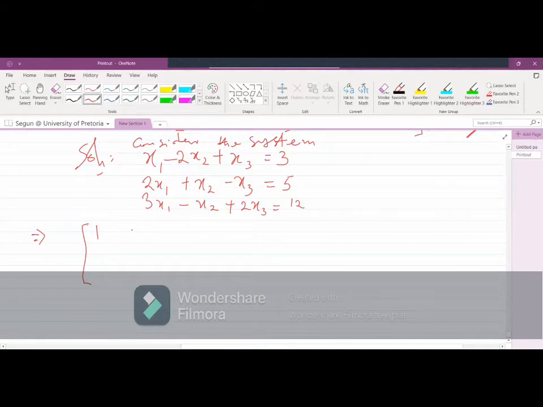If you forget the negative, you'll be in trouble. So you see, minus 2. The next one is 1. Let's look at the second row. We have 2, 1, and minus 1.